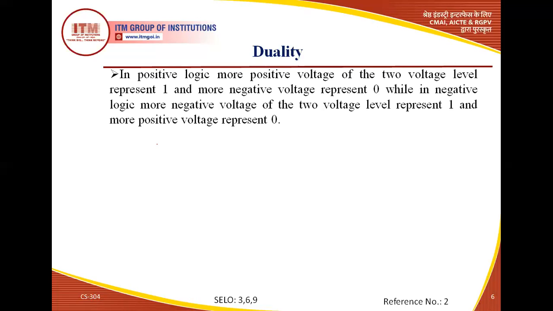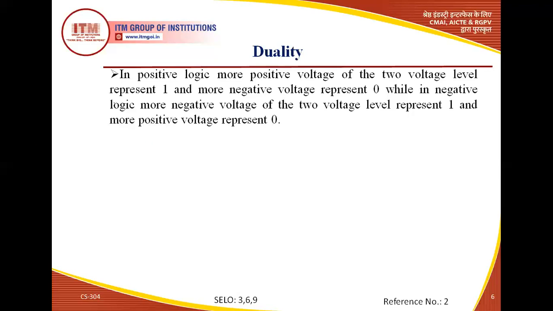And if the logic is represented by negative logic, then the more negative voltage of the two voltage levels represents logic 1 and the more positive voltage represents logic 0. That means 0 volt represents 1 and 5 volt represents 0.